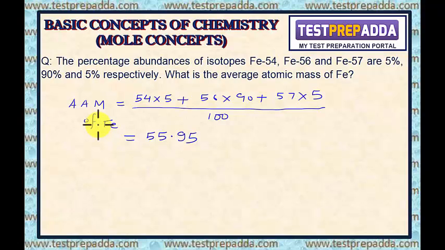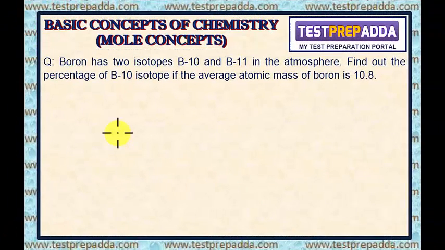Now I'll take another question here. Here the question says boron has two isotopes B10 and B11 in the atmosphere. Find out the percentage of B10 isotope if the average atomic mass of boron is 10.8.